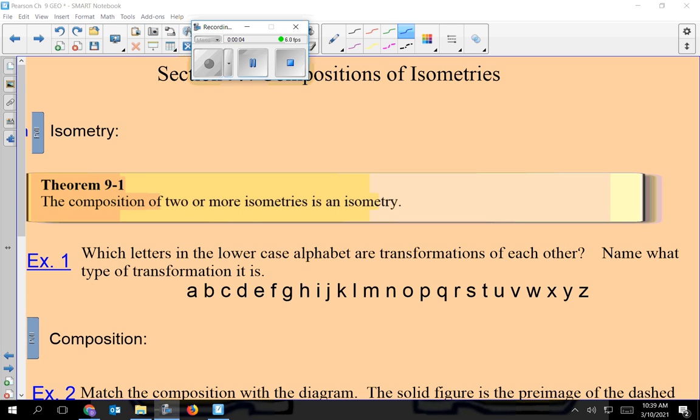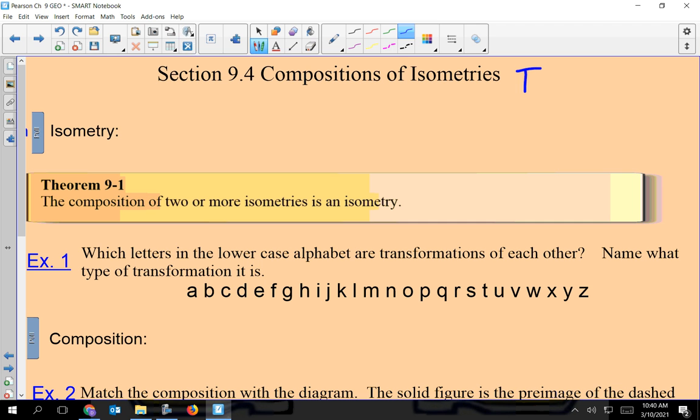Okay, everybody, this is chapter 9, section 4. This is a composition of isometry. So we're going to get some vocab here, but it's really just putting together different things that we've done so far. So far in this chapter, we're moving stuff around. They're called transformations. We've done a translation, which means I kind of shoved it in an X and a Y direction.